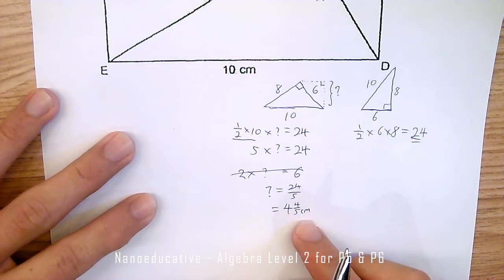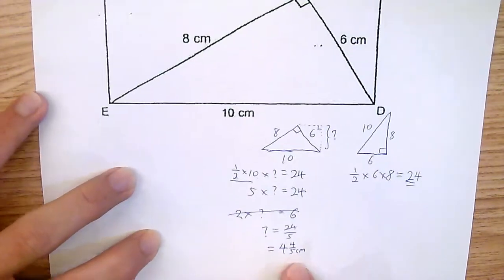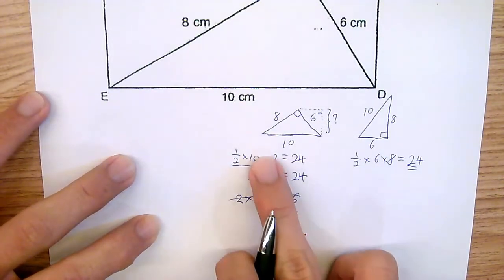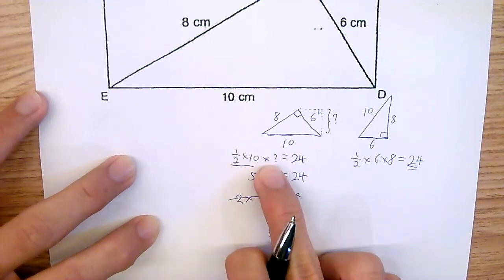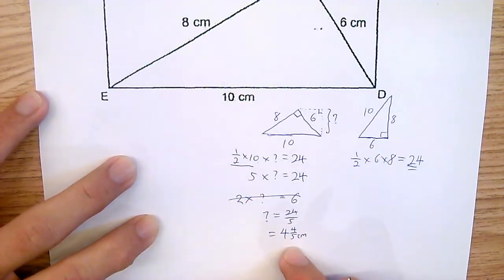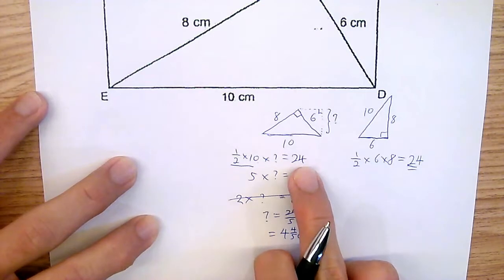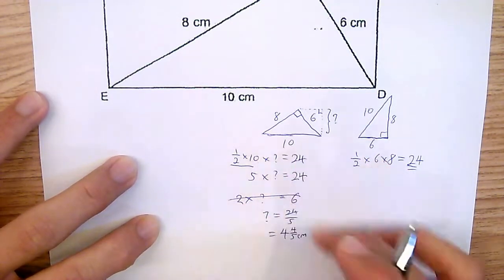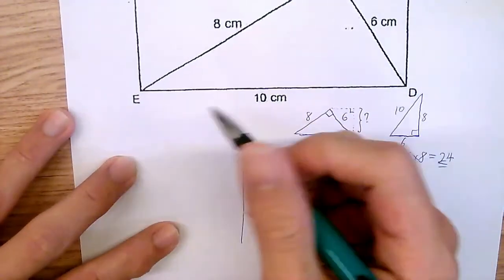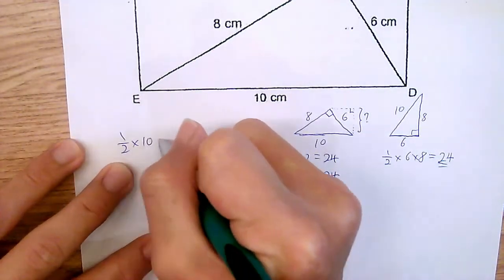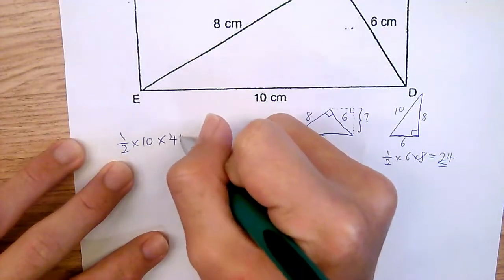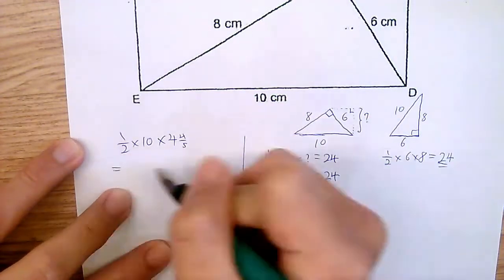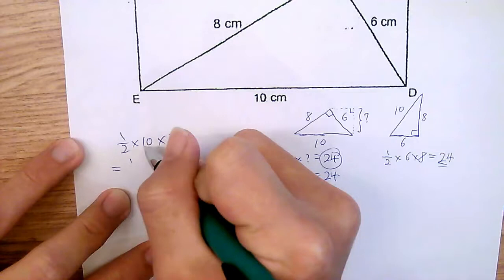Now, how to double confirm this answer? We will put this 4 and 4 over 5 into this question mark, which is half times 10 times 4 and 4 over 5. I must be able to get 24, because as I mentioned previously, no matter which method you use, the answer must still be the same. So I'm going to recheck my answer. Half times 10 will give me 5.